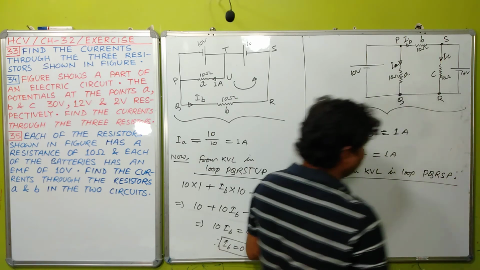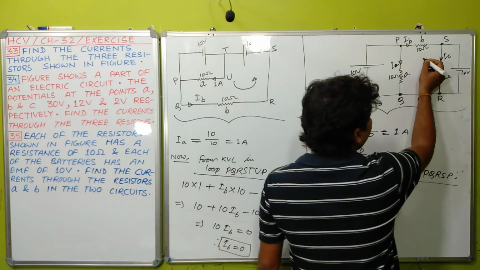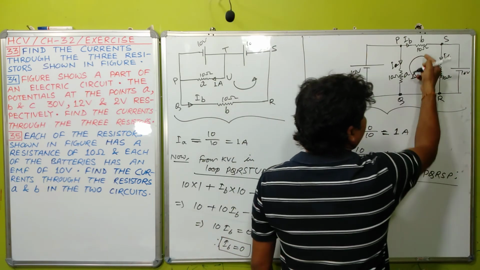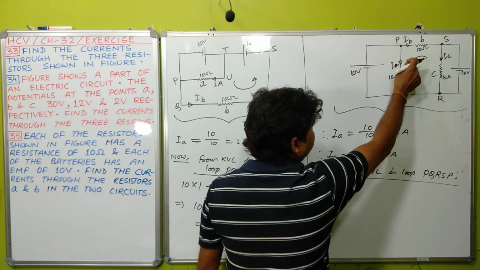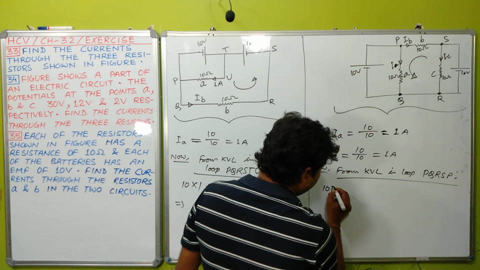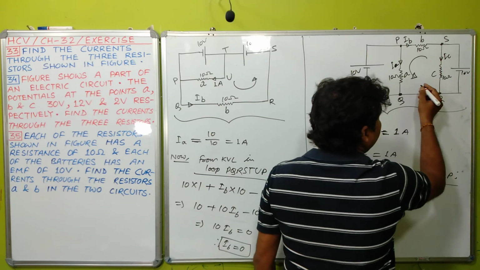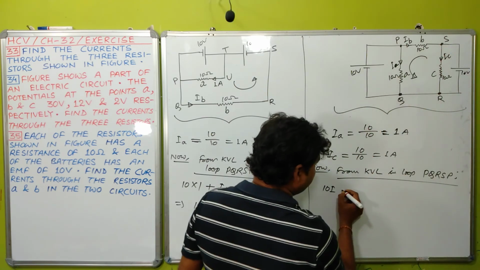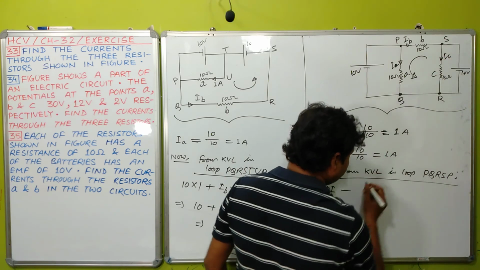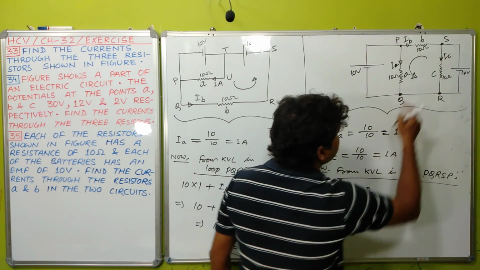Okay student, now let us move this way. We are moving this way, so the potential difference across this will be IA into 10, 10 IA. Now again we are moving this side, current is flowing this way, so we will take minus sign, and this will be minus 10 IC.